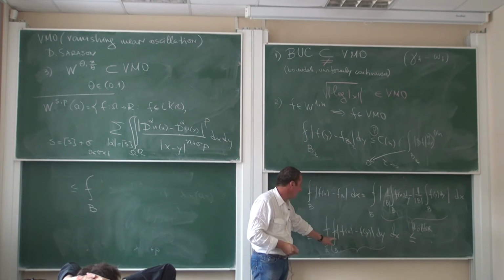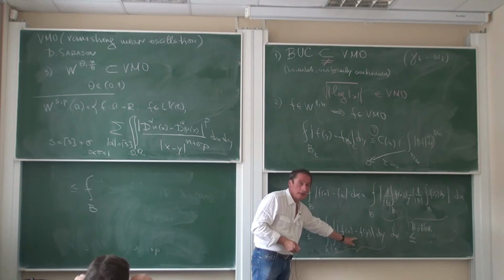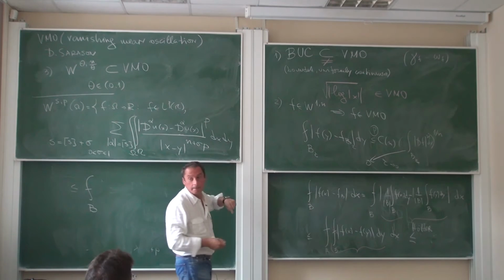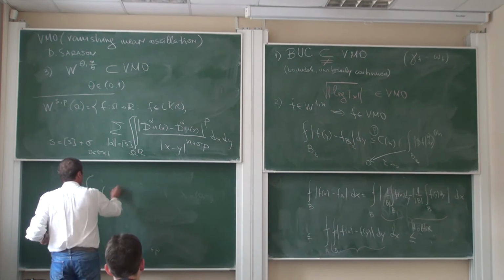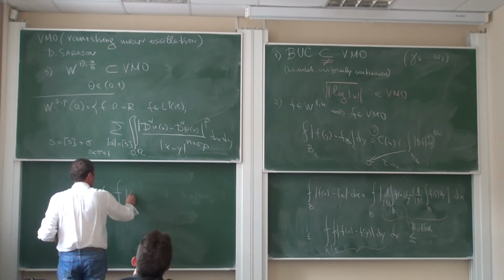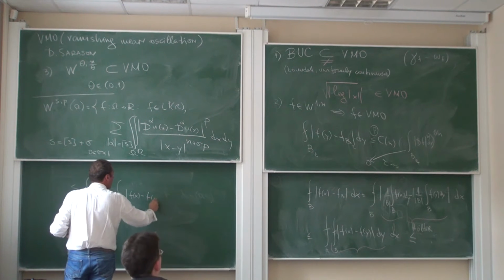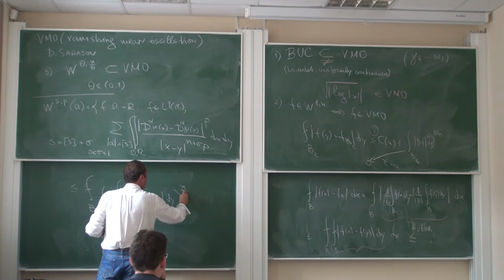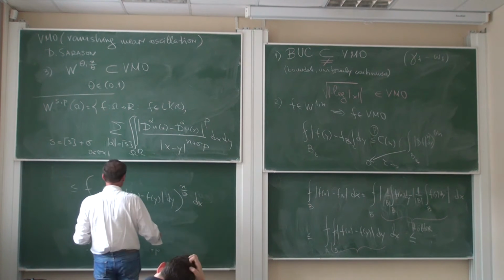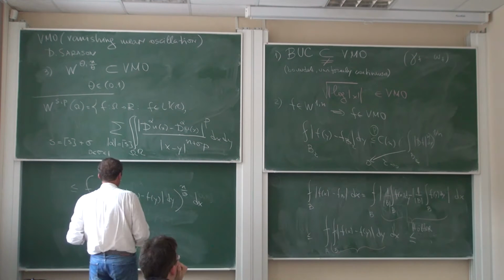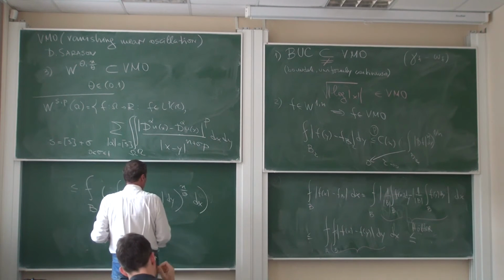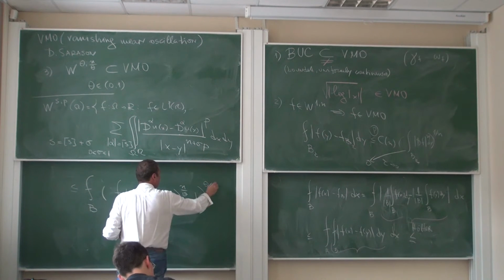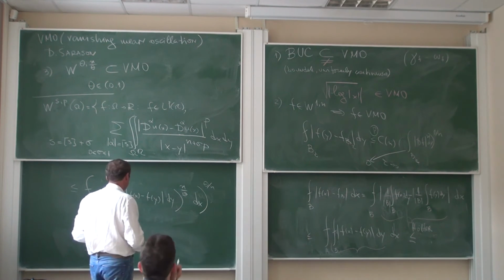So here I'm applying the Hölder inequality on this term with the exponent n over theta. So I will have the mean integral over b of f x minus f y dy raised to n over theta, then integration with respect to x, and this is raised to theta over n. Okay?